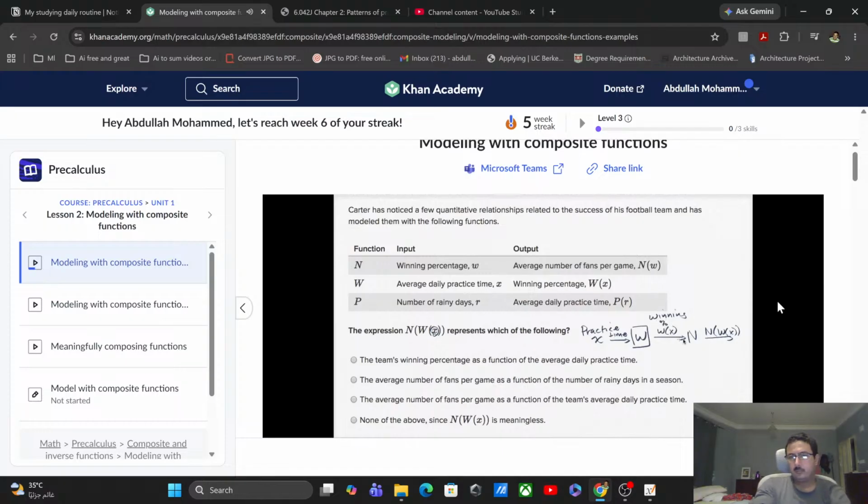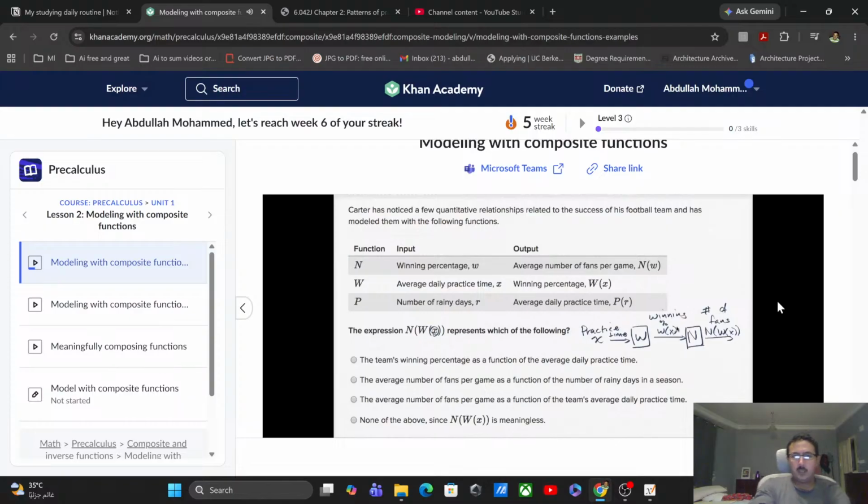And then you take that winning percentage and input it into function N. Function N is going to output the number of fans per game based on winning percentage. So this is number of fans. When you take the composite function, you're actually creating a function that starts with practice time as the input and shows the number of fans that are going to be dependent on your practice time.